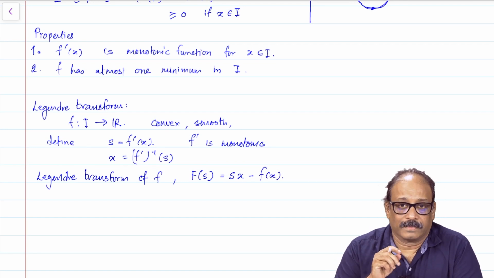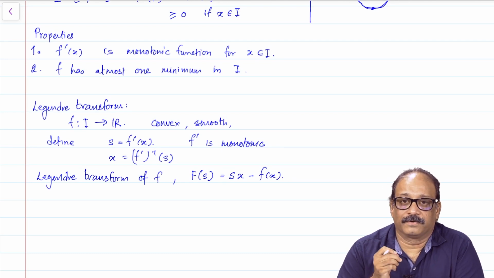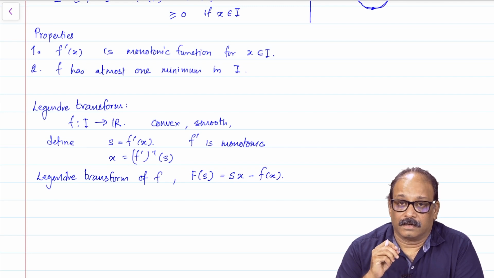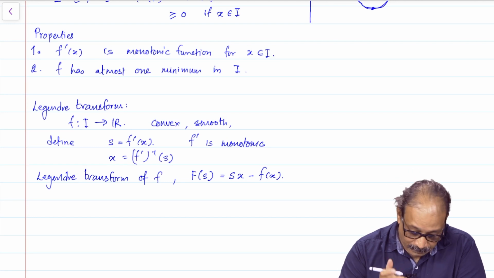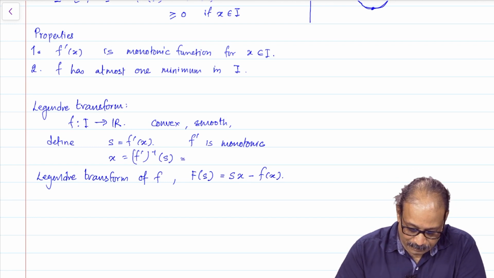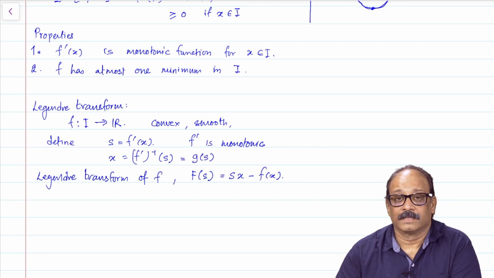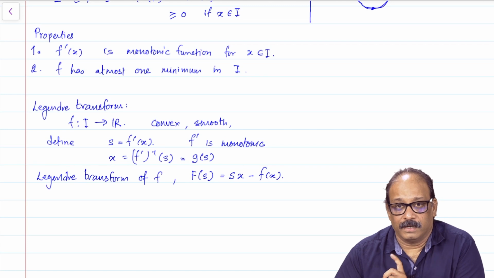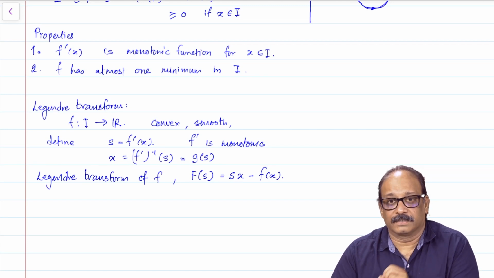But remember, here capital F, which is Legendre transform of f, is a function of variable s. What about x? Remember, x is to be treated as, I will also denote this f prime inverse by some g of s. So, in a way x is a function of s.